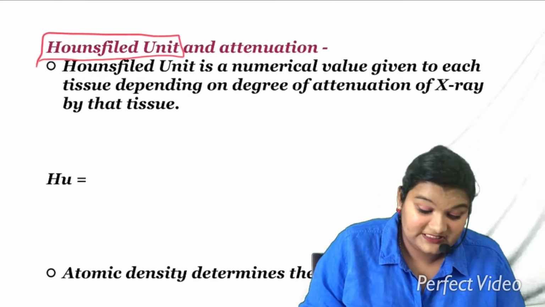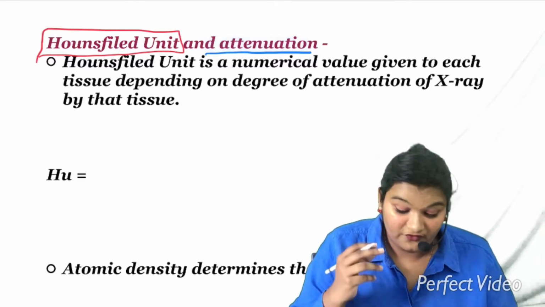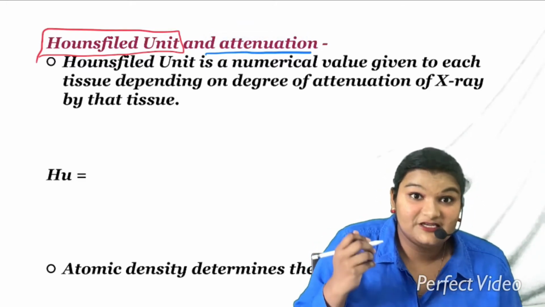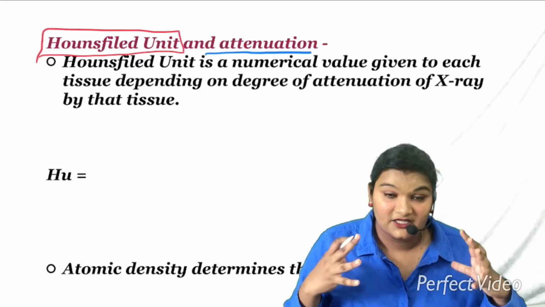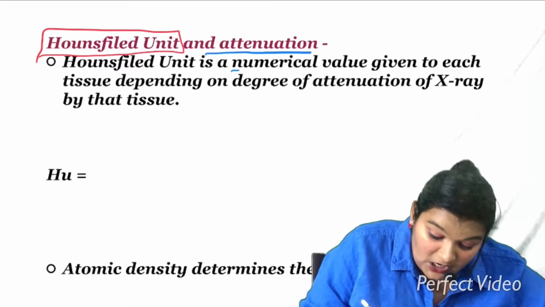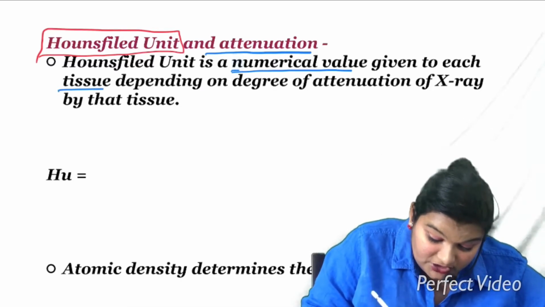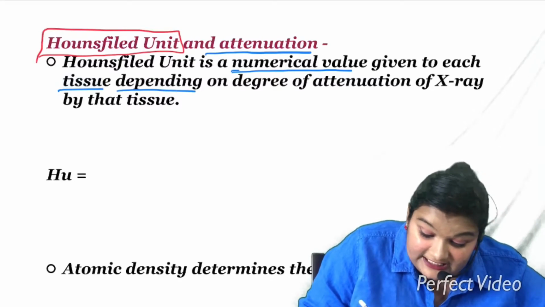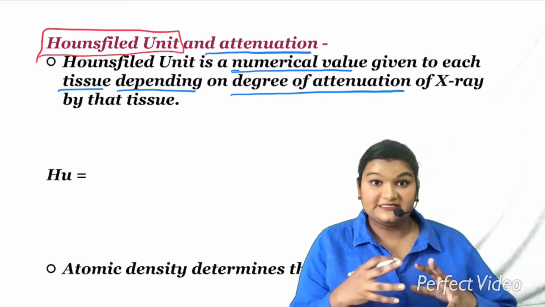So let us move towards the Hounsfield unit and its relation with attenuation. So first let us see the definition. We will read this definition and then we will break it down and understand it. The definition is: Hounsfield unit is a numerical value given to each tissue depending on the degree of attenuation of X-rays by that tissue. So what does it say?